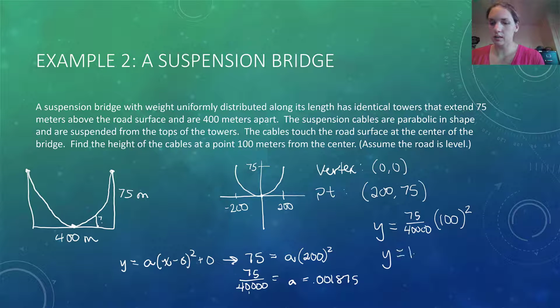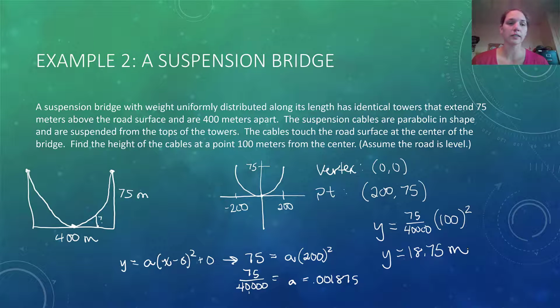I get 18.75. So that's how many meters high the cables are 100 meters away from the center. So this was a case of just needing to model it and then use the information that we had to find, okay, what's 100 meters from center? We just put in 100 and sub it in for x.